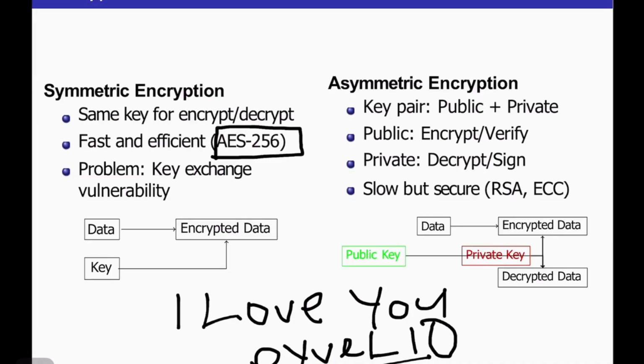Once it is transformed this way, you will never understand what I'm trying to tell someone if you get this information. It's useless to you. And encryption comes with a key.